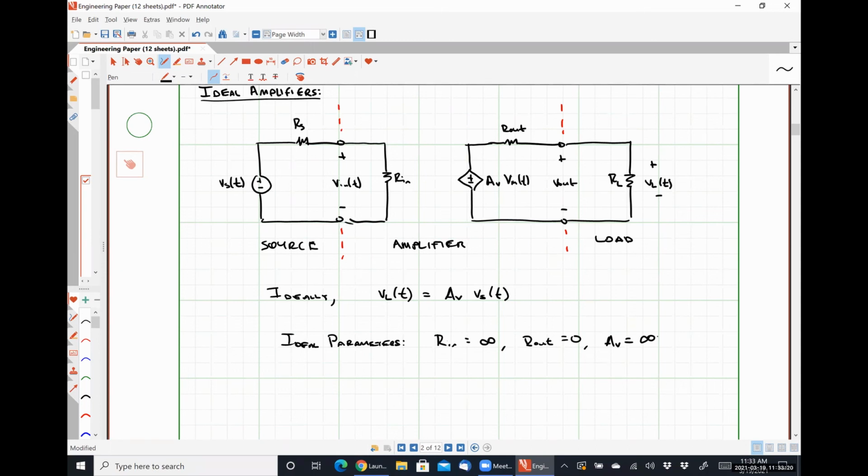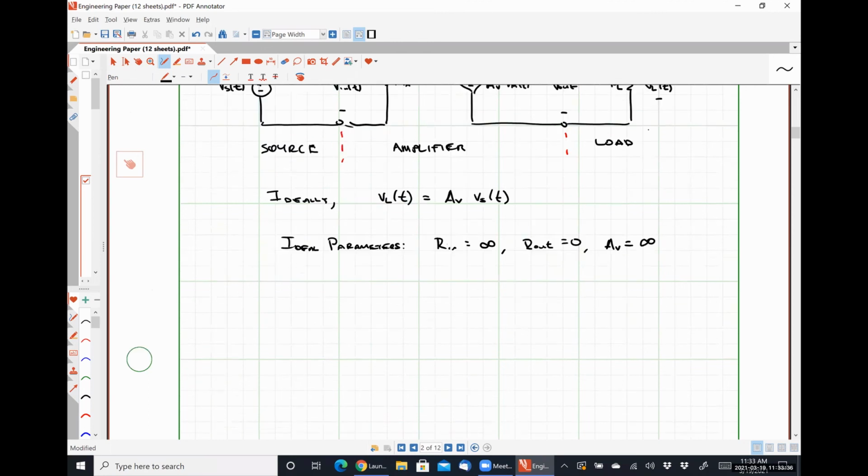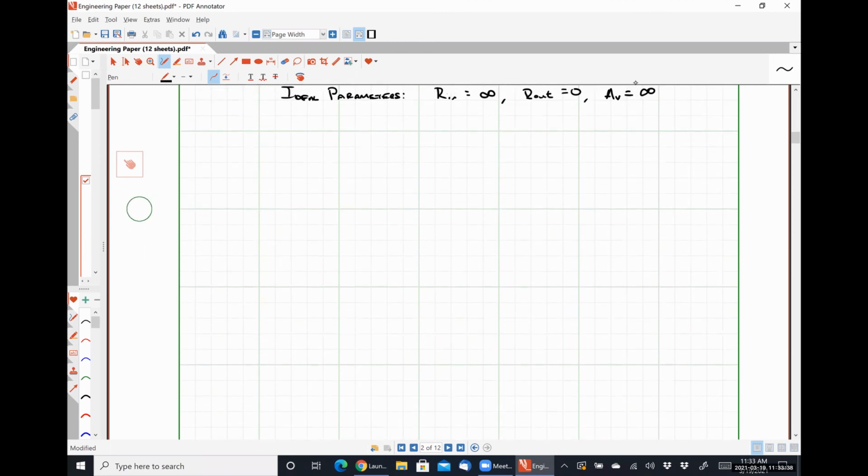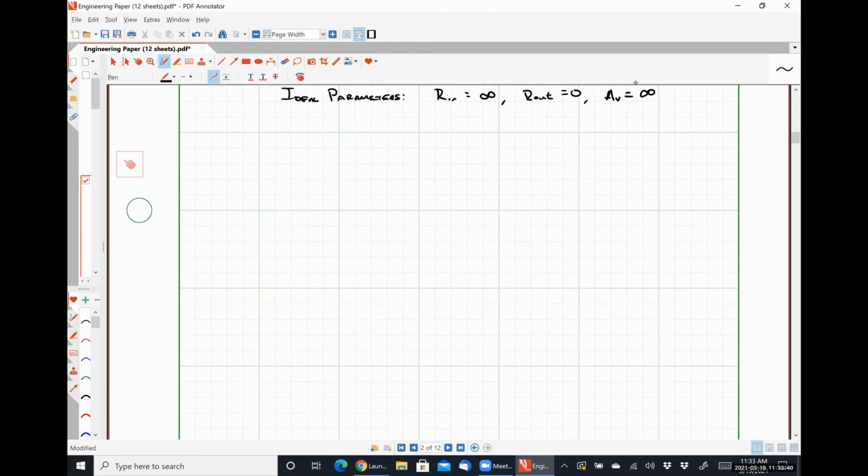So I want us to rework that problem that we just did using these parameters instead, and we're going to find out something pretty great, pretty quick too. So if I redraw my circuit, let's see.